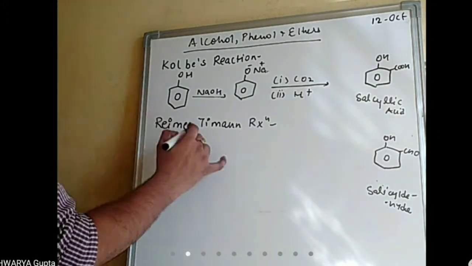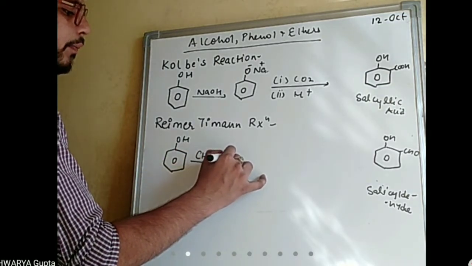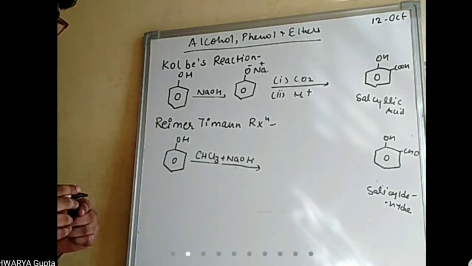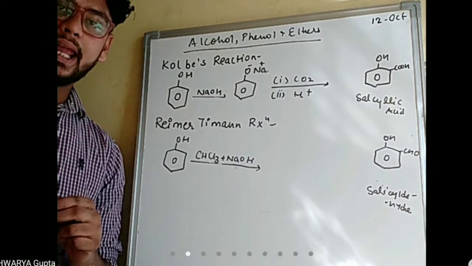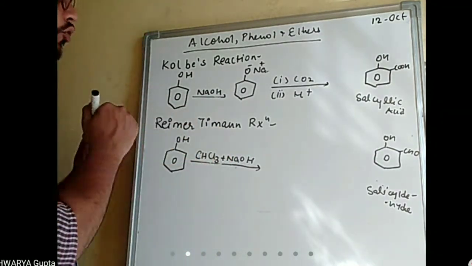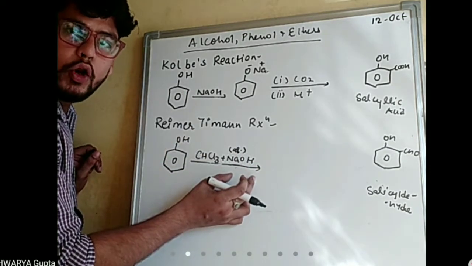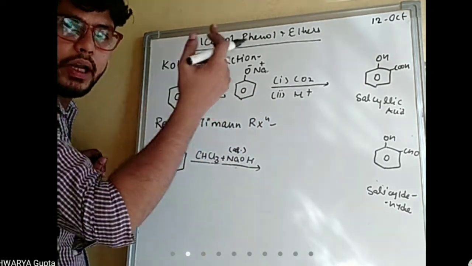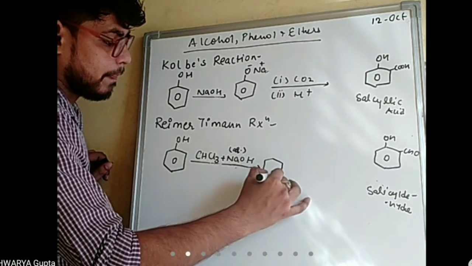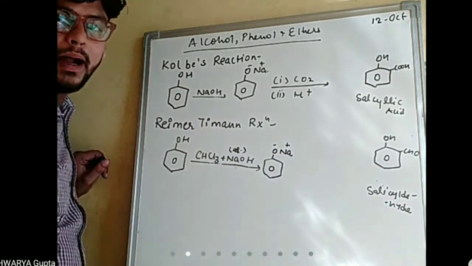Again, phenol is treated with CHCl3 plus NaOH solution. When nothing is mentioned as alcoholic or aqueous, it is understood to be an aqueous solution of sodium hydroxide. This will convert phenol into the phenoxide ion, O minus and Na plus.